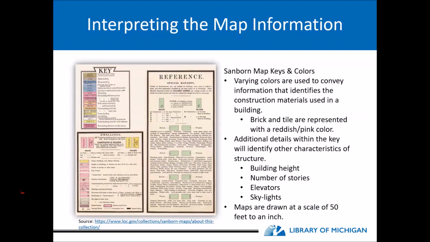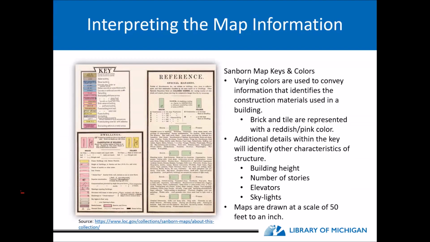One of the fun parts about Sanborn maps is interpreting the map information. Most of the maps, at least all the ones that I have used through our digital subscription, are black and white, so I'll just put that caveat out there. There are varying colors used to convey information identifying the construction materials used in a building.